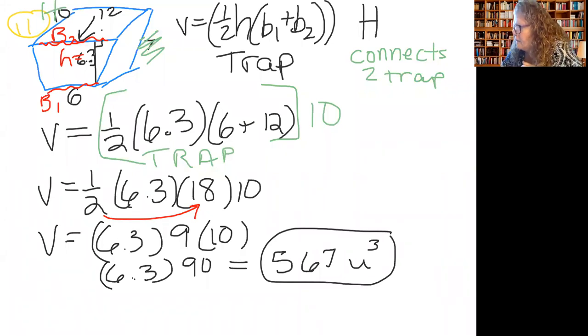We have 1/2, 6.3, and then 6 plus 12. That's the trapezoid. Notice that we don't even need that 7 up there. It's useless information. So multiply this together. I'm going to take half of my 18 to get the 9. So 6.3 times 9 times 10, 9 times 10 is 90. And when you multiply 6.3 times 90, you get 567 cubic units.